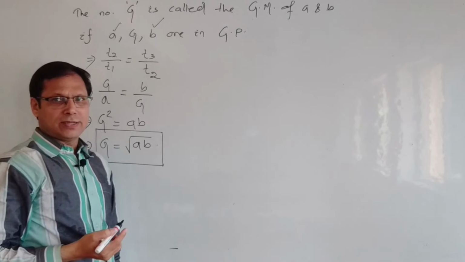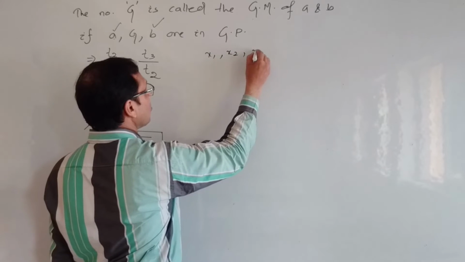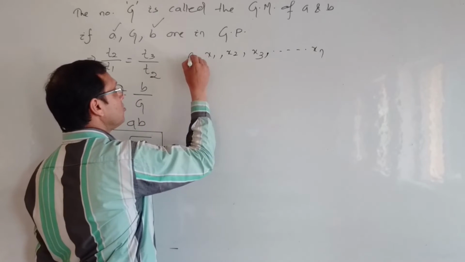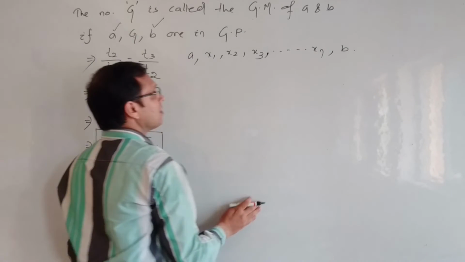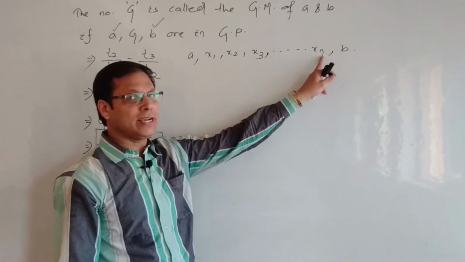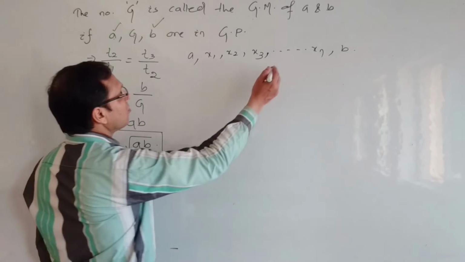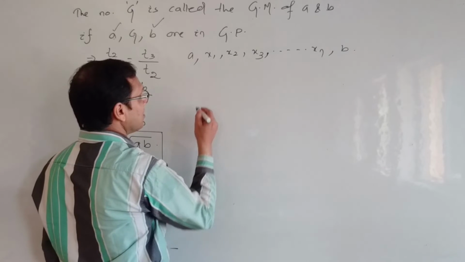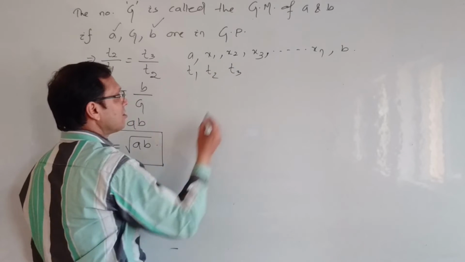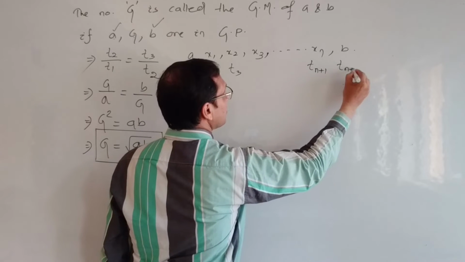Now suppose you have to insert n geometric means, that is x1, x2, x3 up to xn, in between a and b. Let the n geometric means x1, x2, x3 up to xn be inserted in between the two numbers a and b. Then a is the first term, x1 is the second term, x2 is the third term, so xn will be t n plus 1 and b should be t n plus 2.